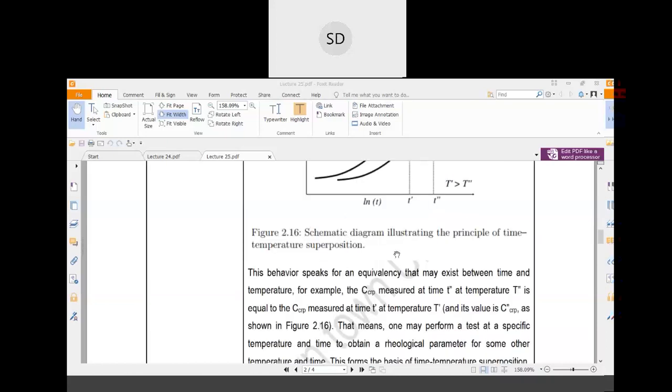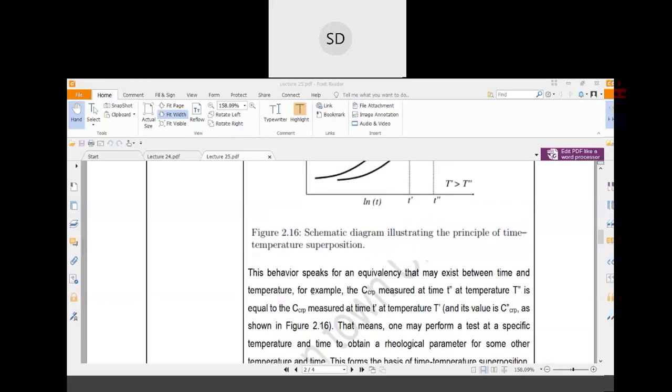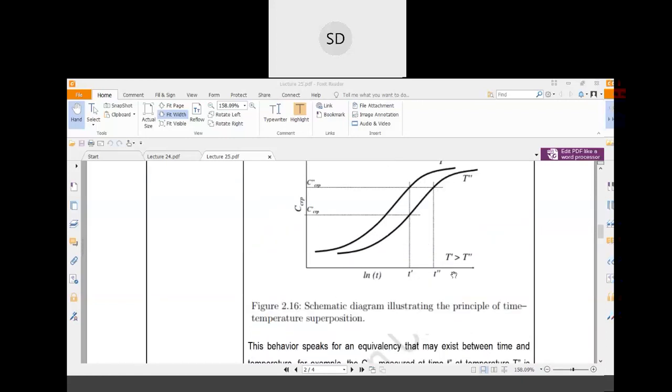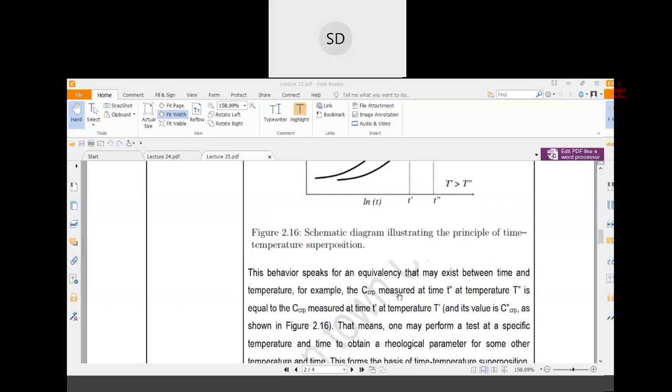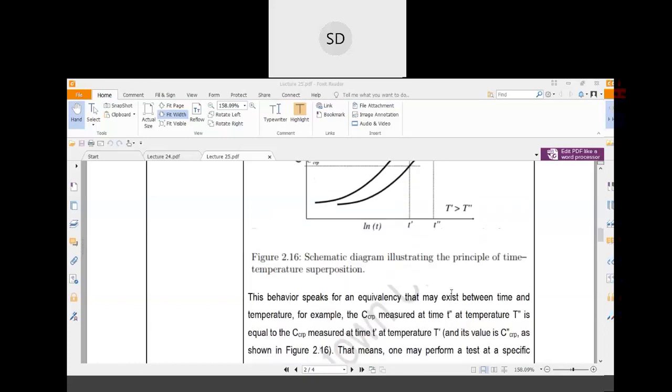Now, this behavior speaks for an equivalency that may exist between time and temperature. For example, the creep measured at time T at temperature T double dash is equal to C creep. So, for example, this creep, C creep, is the creep measured at time T double dash.